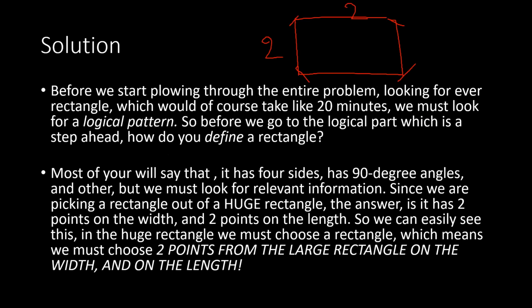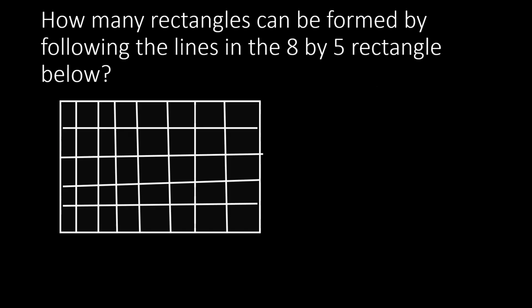If you go back, we're supposed to look for the points: 1, 2, 3, 4, 5, 6, 7, 8, 9, because through the points we can form the rectangle. Here 1, 2, 3, 4, 5, 6.